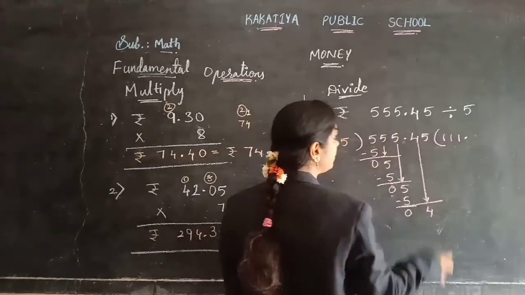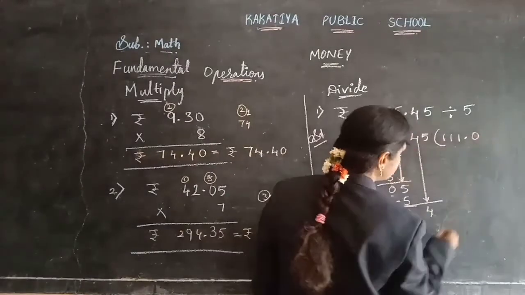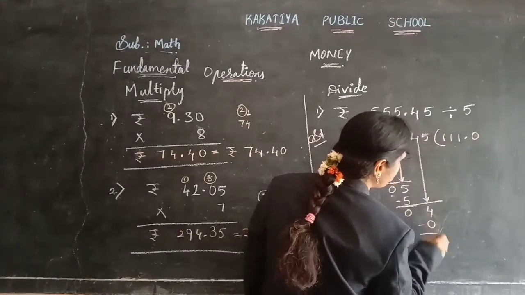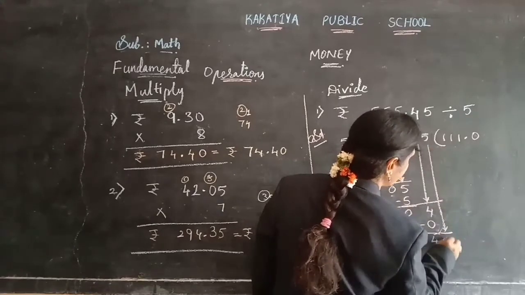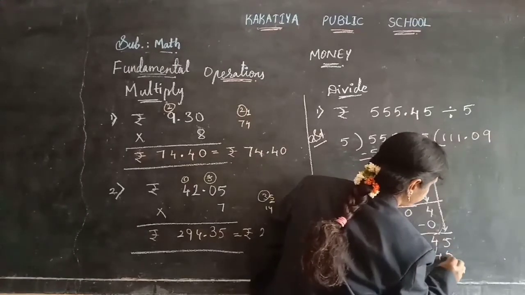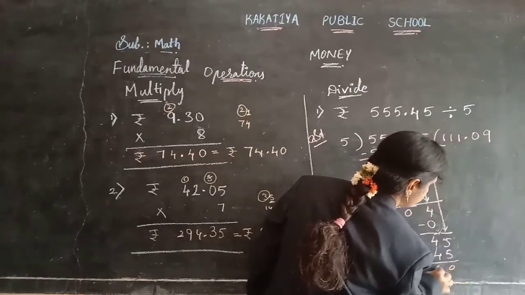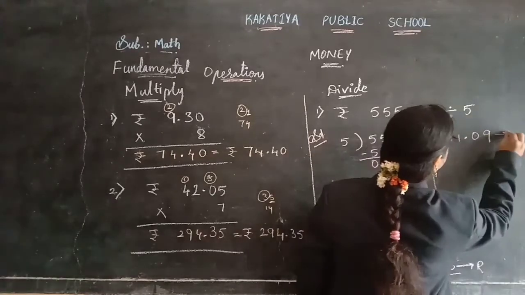Now 4 will not come into the 5 table. So 5 zeros are 0. So 4 minus 0 is 4, and you can take the next digit here, 5. So 45. 5 nines are 45. 0, 0. So this will be the remainder, and this will be the quotient.